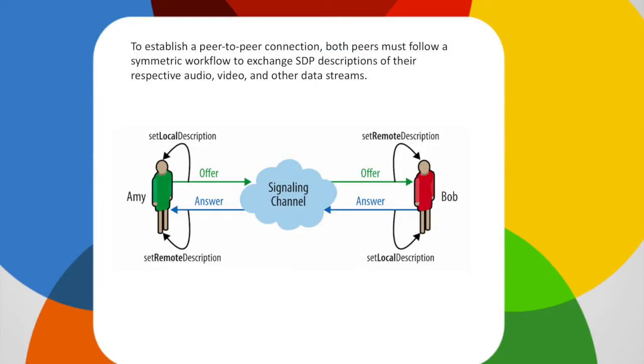The initiator registers one or more streams with her local RTCPeerConnection object, creates an offer, sets it as her local description of the session, and then sends the generated session offer to the other peer. Once the offer is received, he sets the initiator's description as the remote description of the session, registers his own streams with his own RTCPeerConnection object, generates the answer SDP description, and sets it as the local description of the session.